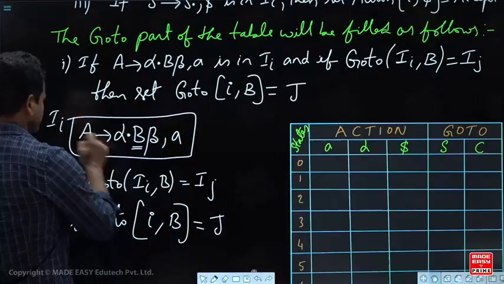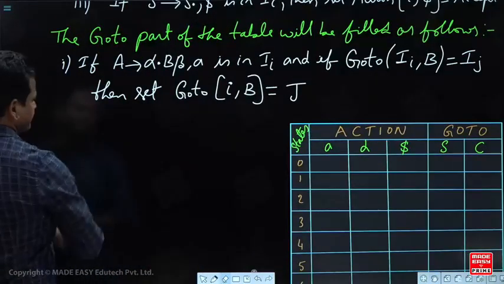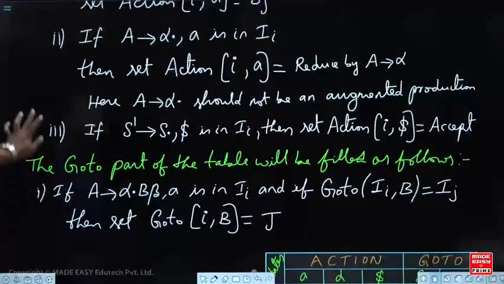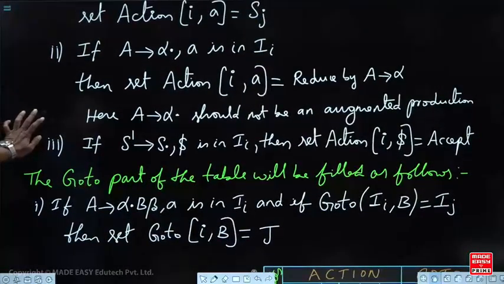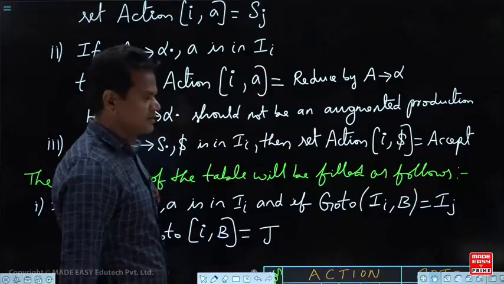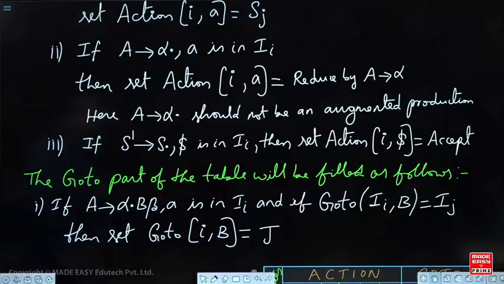No shift, no reduce. Okay, that's it guys. Copy this one. I hope every one of you copied. So after copying, give the numbering to every production. We have 3 productions, we give the numbering to those 3 productions.